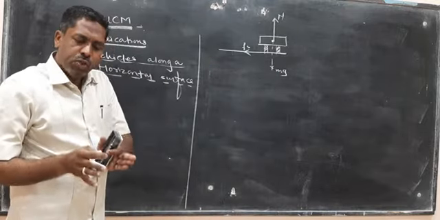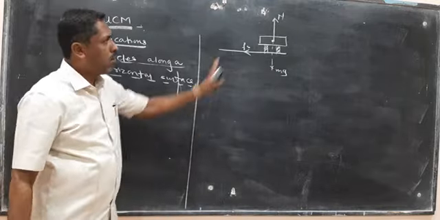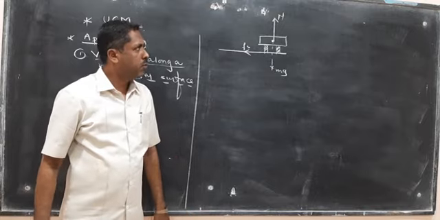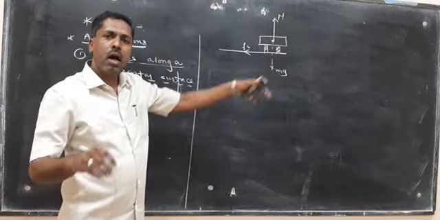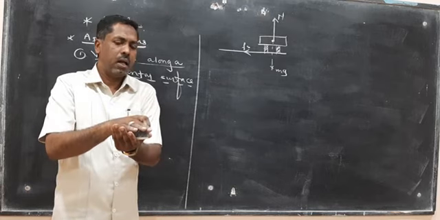Whenever a car stands on a horizontal surface, what are we observing in the diagram? We observe that generally the car rests on the Earth's surface.